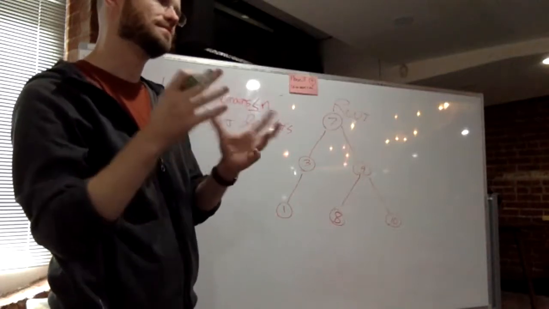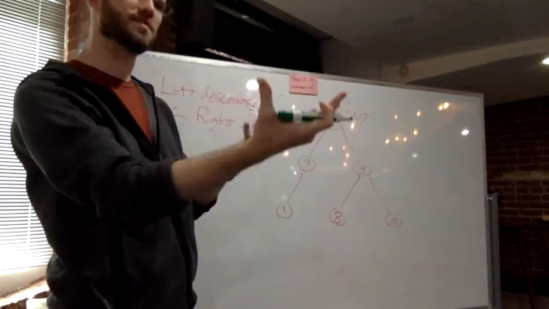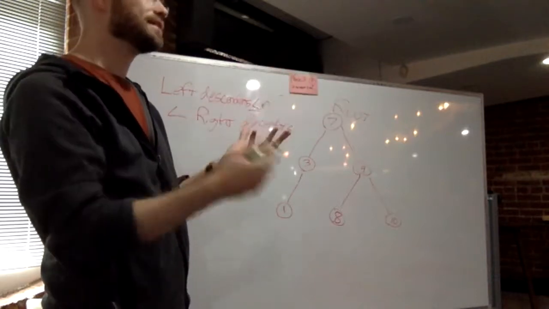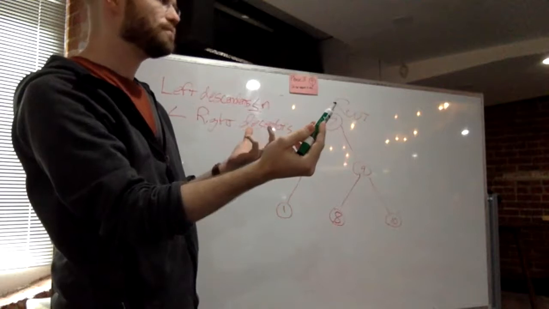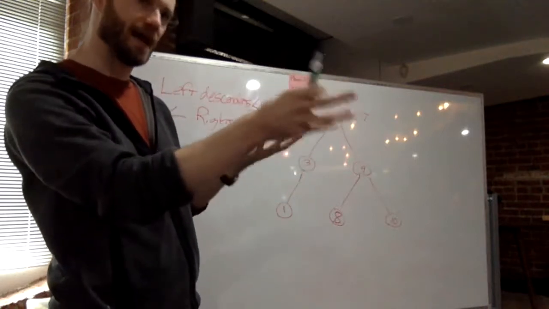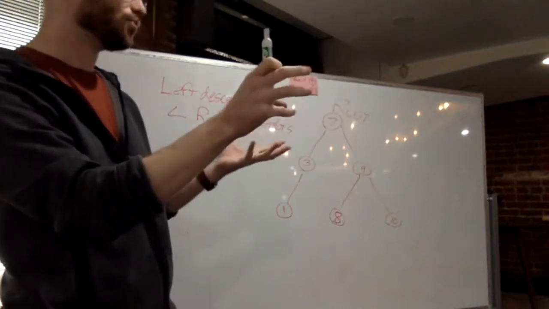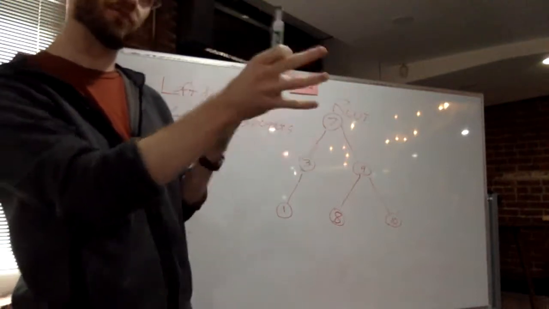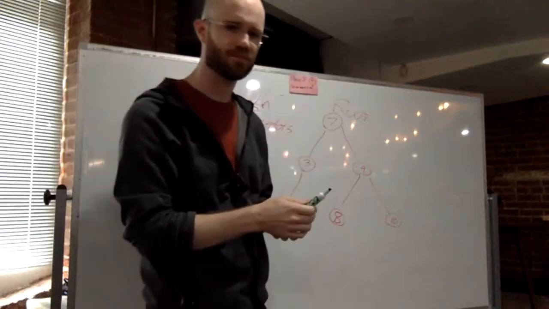That's because, say it was balanced on the left and the right, and then you added a node to the tree, there would be no way to balance that tree in that case. So we make the definition that it can vary by at most 1. So I'll just write that up here.